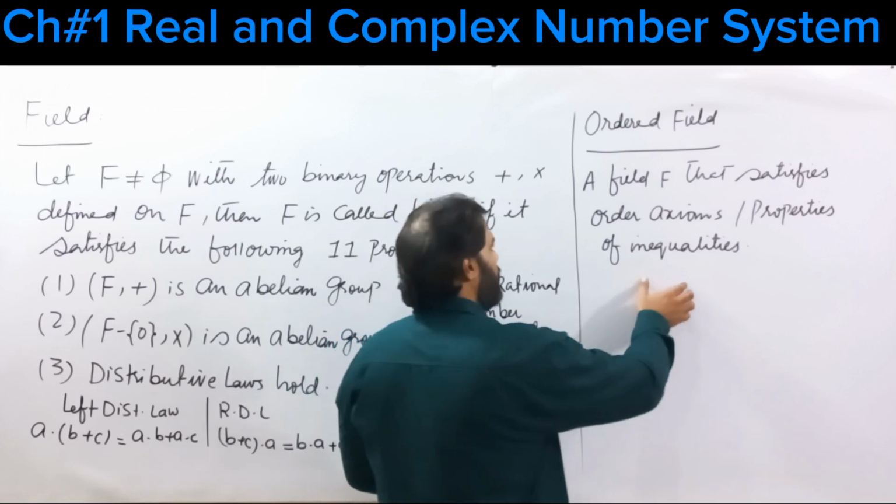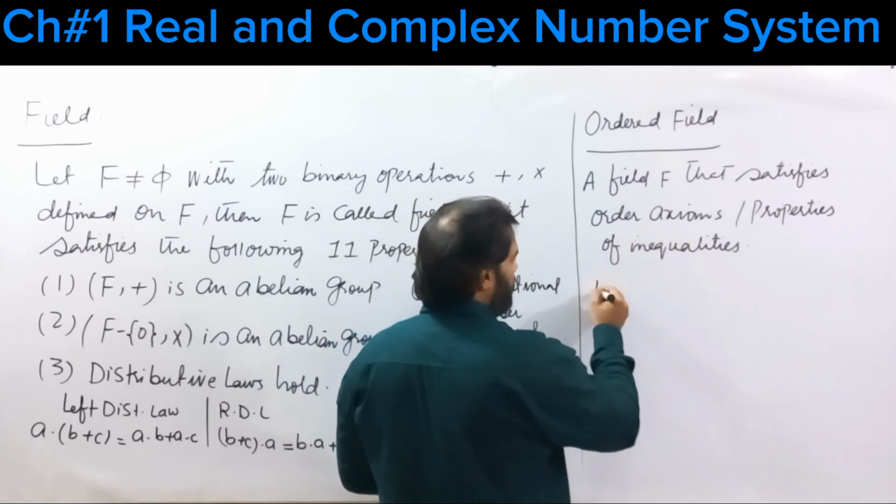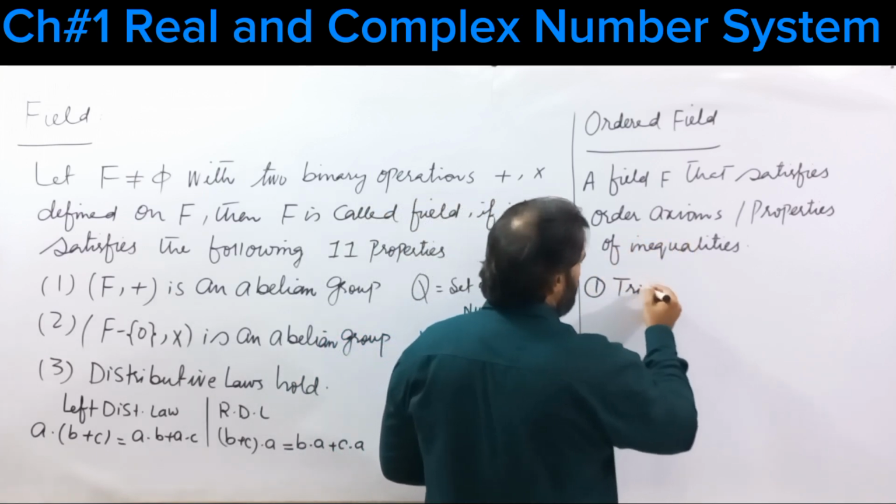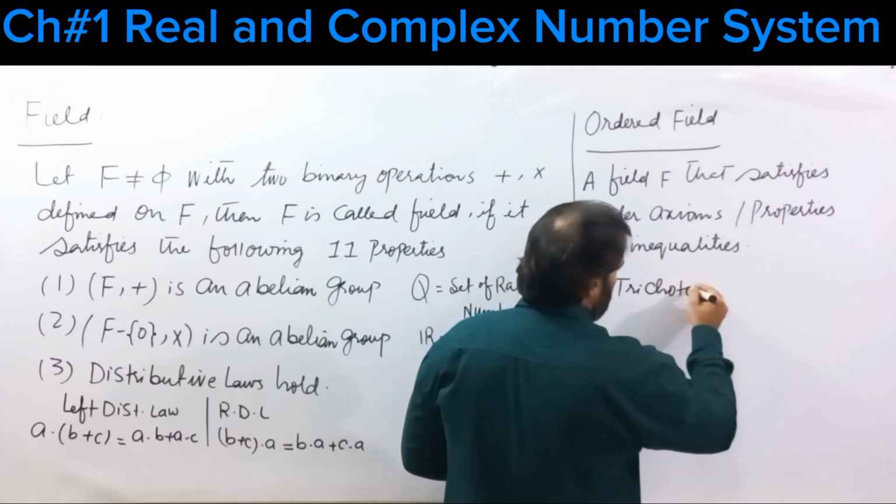In the properties of inequalities, or the order axioms, the first property you know very well: the trichotomy property.